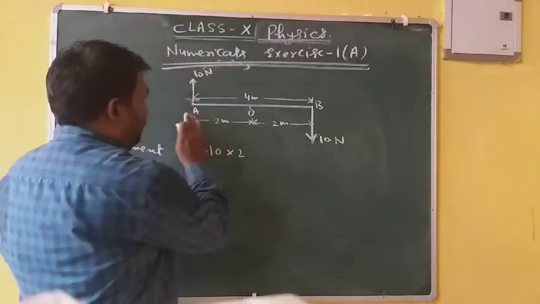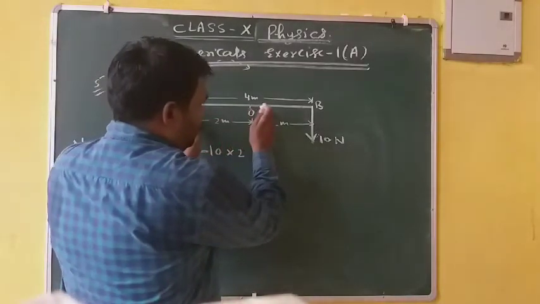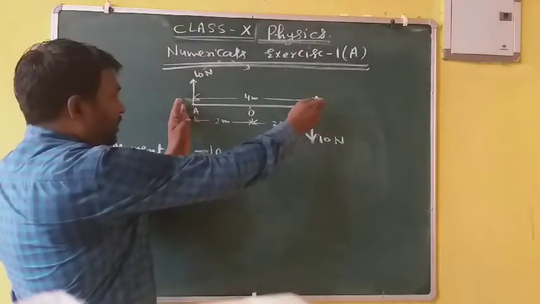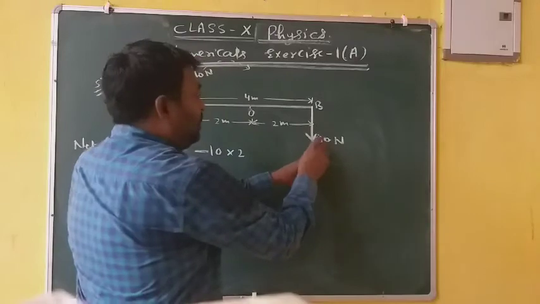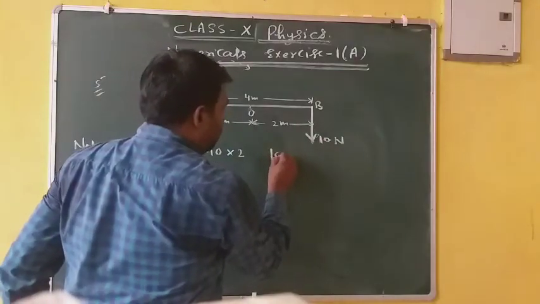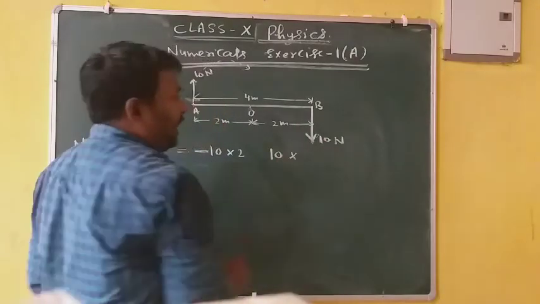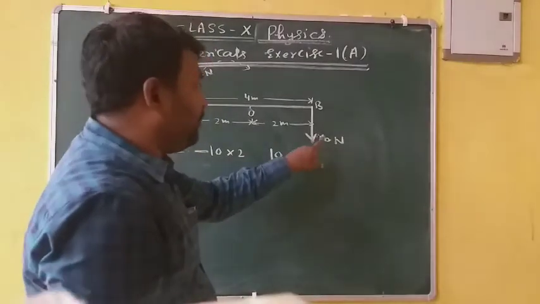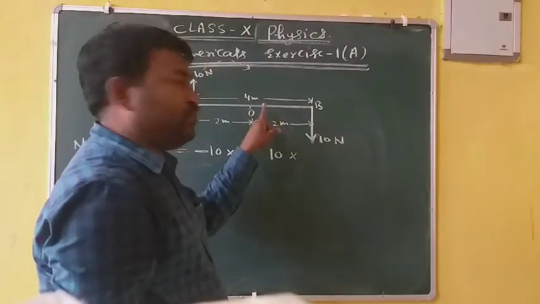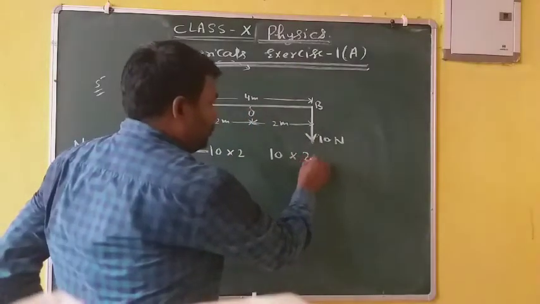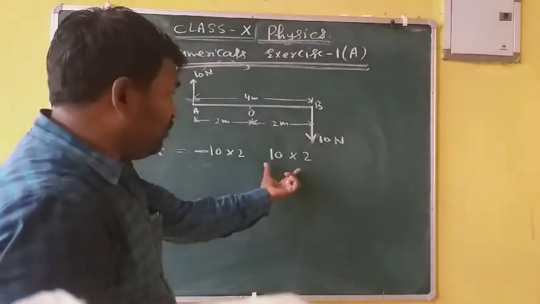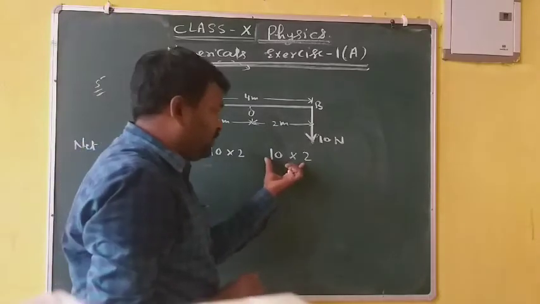Thereafter, going in the right direction, there is no other force, only a 10 Newton force here. For this 10 Newton force, 10 Newton into again the perpendicular distance of this force from the pivoted point, which is again 2. Now, will it be positive or negative?